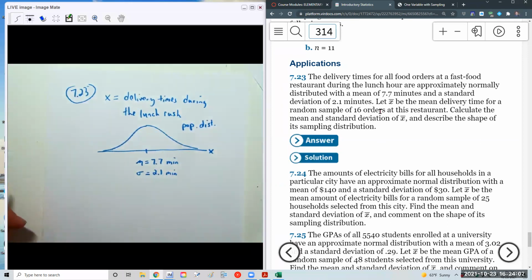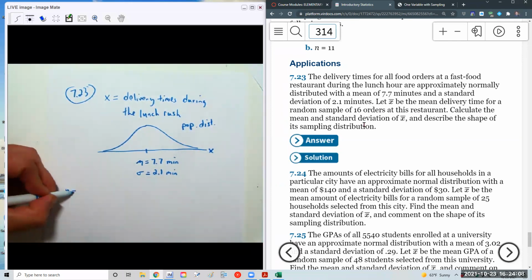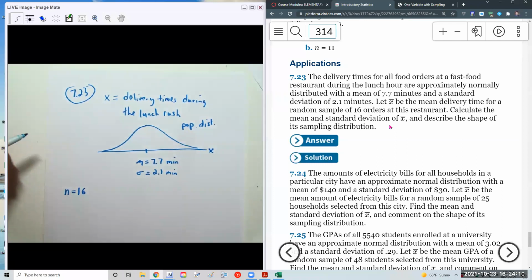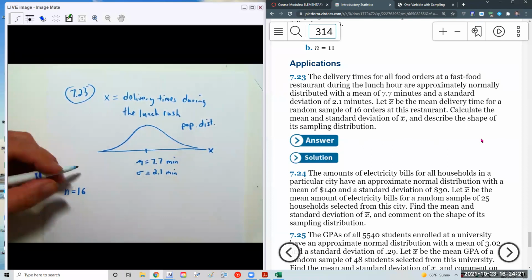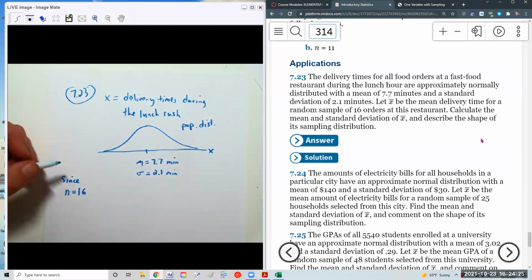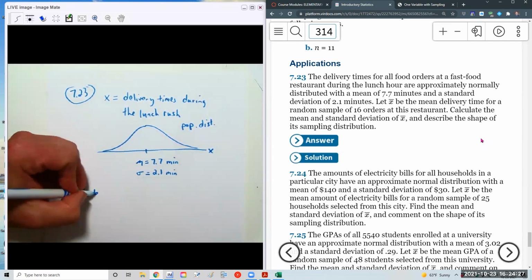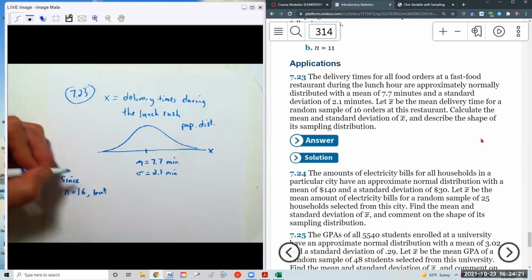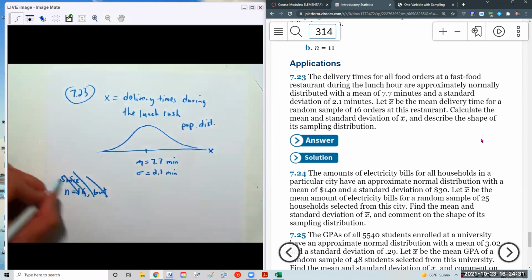And then what's the question? Let X bar be the mean delivery time for a random sample of size 16 orders at this restaurant. Calculate the mean and standard deviation of X bar and describe the shape of its sampling distribution. Okay. Since n is equal to 16, or let's say it like this, it doesn't matter that n is 16.